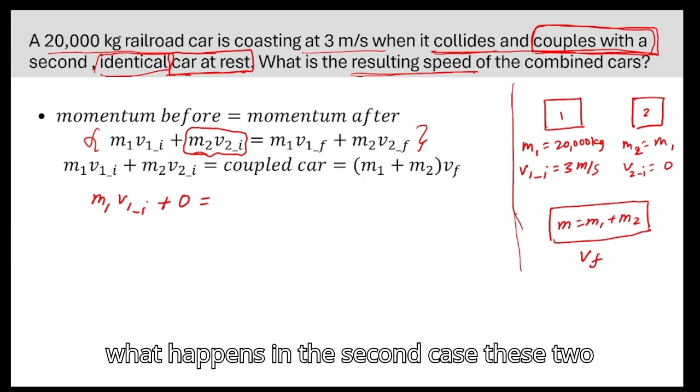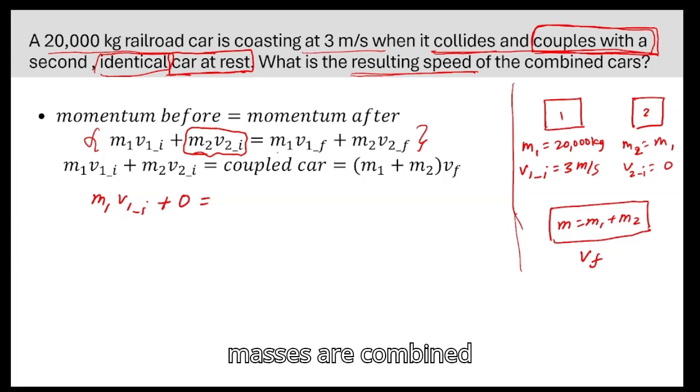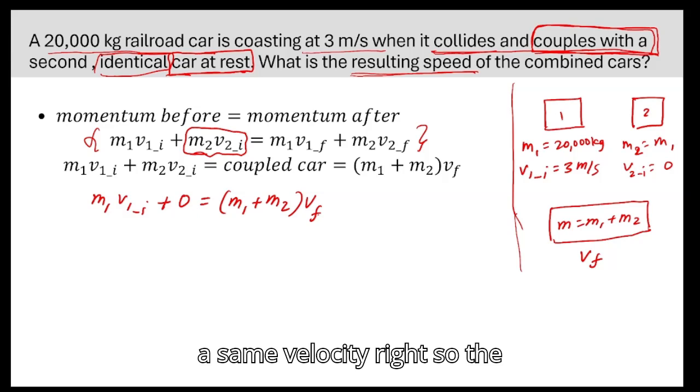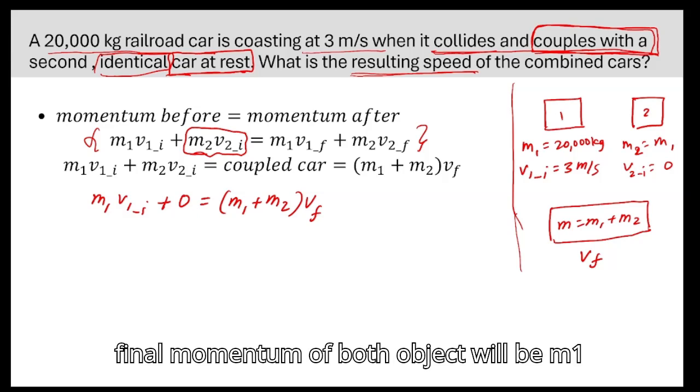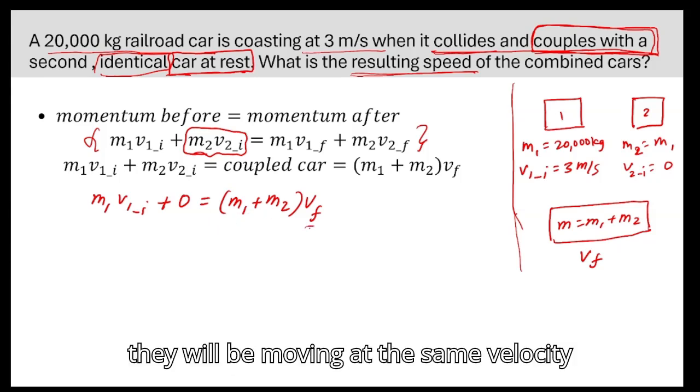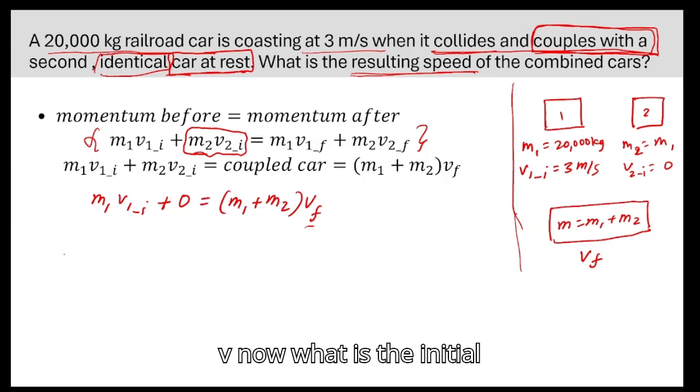And what happens in the second case? These two masses are combined together and they are moving with the same velocity, right? So the final momentum of both objects will be m1 plus m2 as a mass, and they will be moving at the same velocity v.